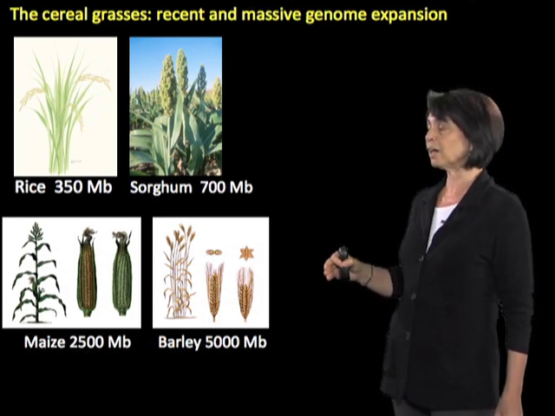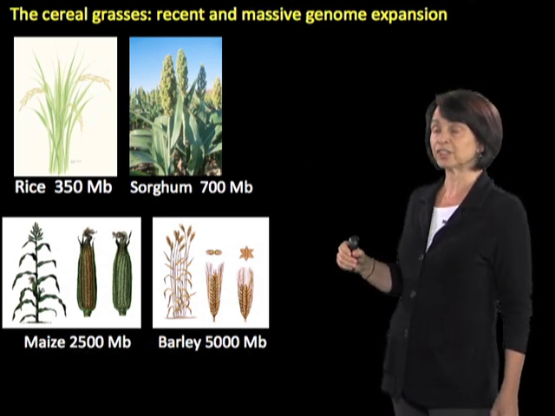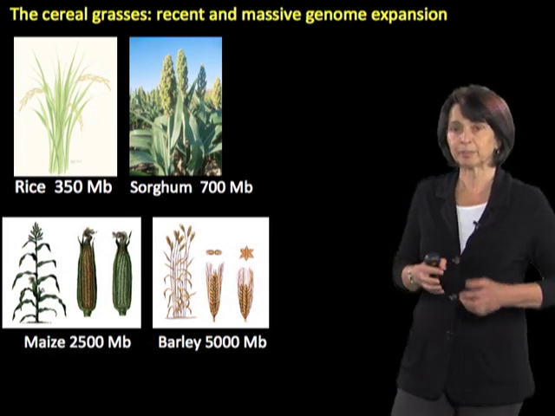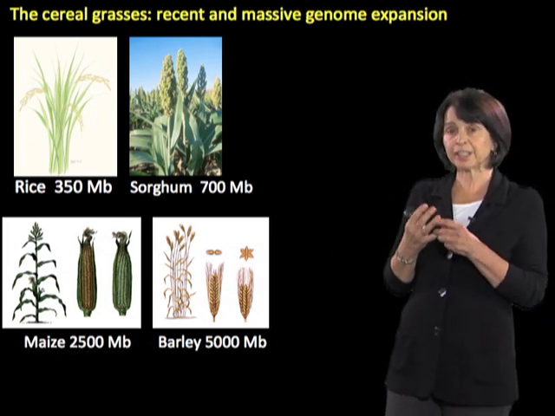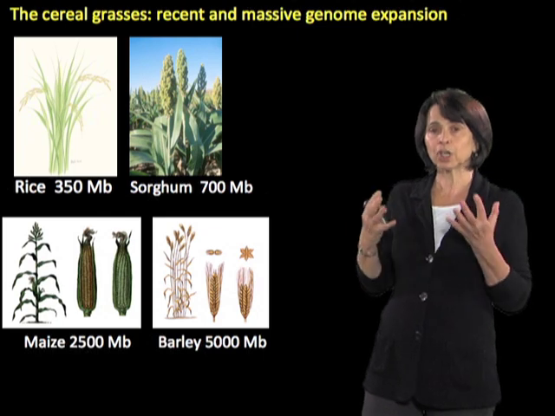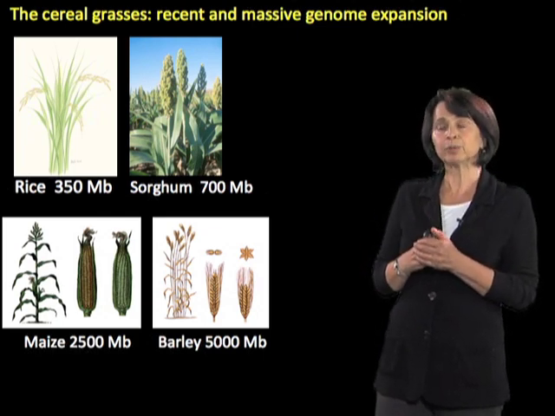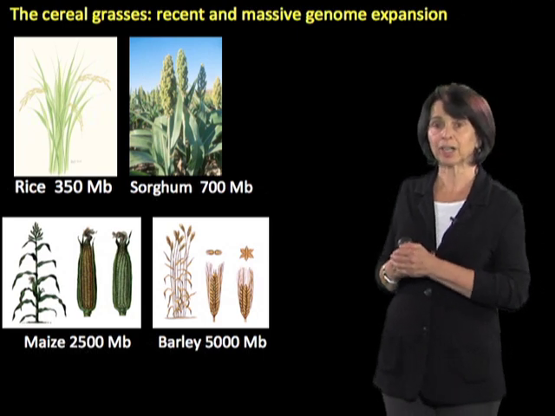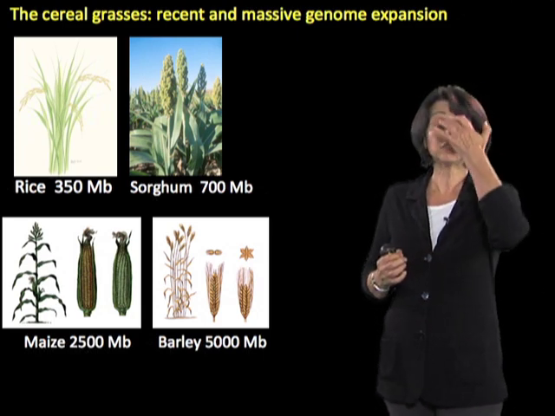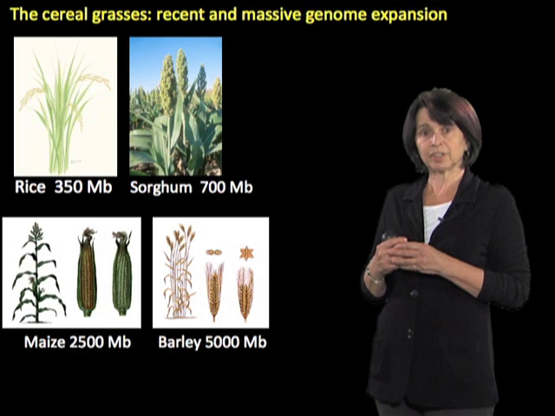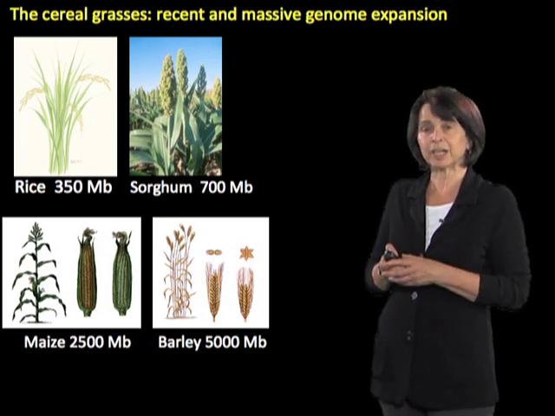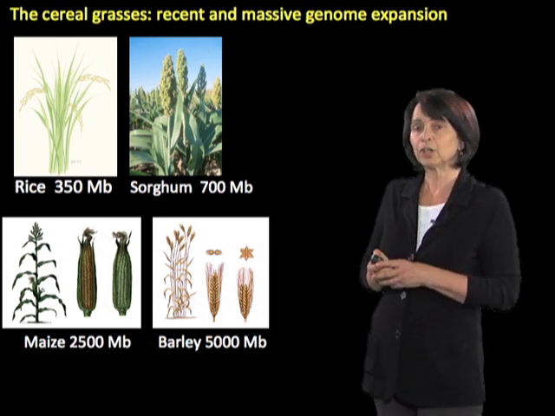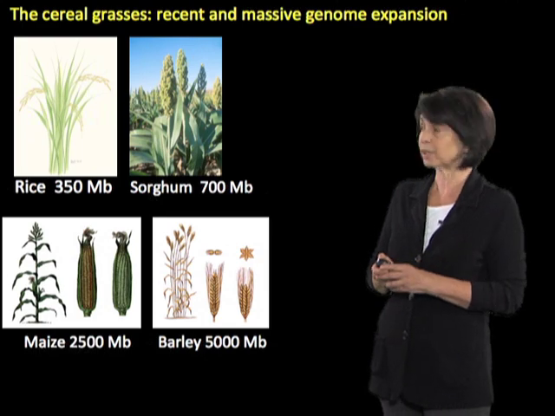It has the smallest genome of the cereal grasses, 350 megabases. And for that reason, plus because it's so important to human health, it was the first grass genome that was completely sequenced. And for us to do this project, we required the complete genomic sequence in order to identify the active mite. We weren't going to use a genetic approach, we were going to use a computational approach, and that's what I'm going to talk about.